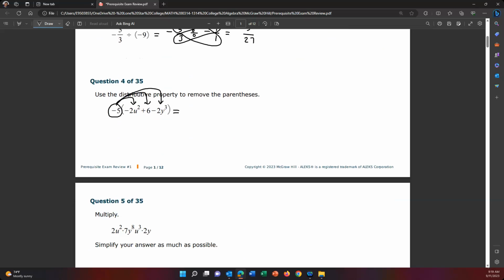Negative times a negative will become positive. 5 times 2 is 10, and we have a u square. A negative times a positive will be negative, or in this case, minus. 5 times 6 will be equal to 30. Negative times a negative, the outcome is a positive. 5 times 2 is 10, and that has a y cube.